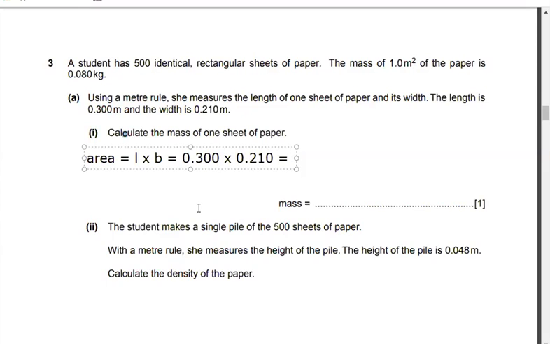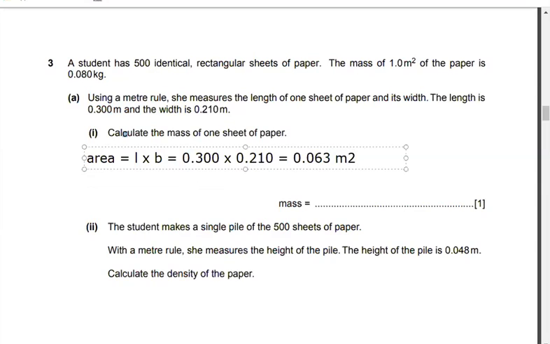What's the answer for this? 0.063. So it is equal to 0.063 meter square.